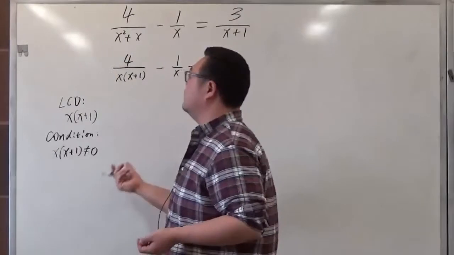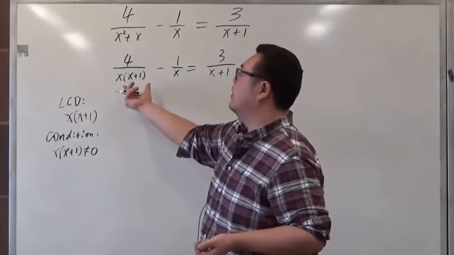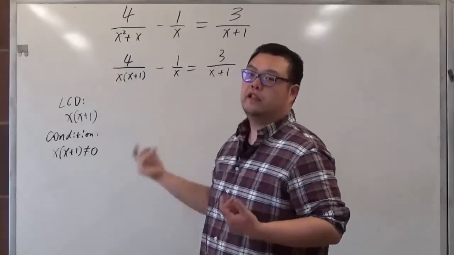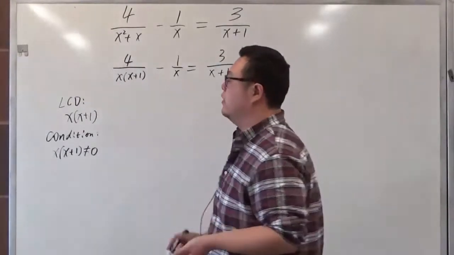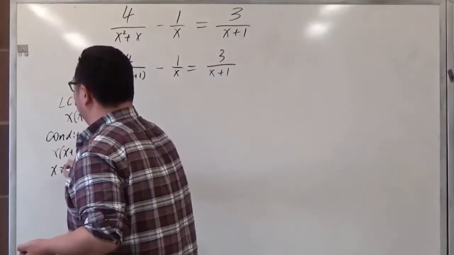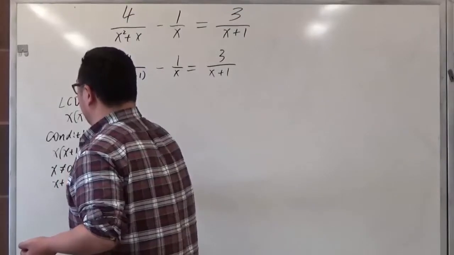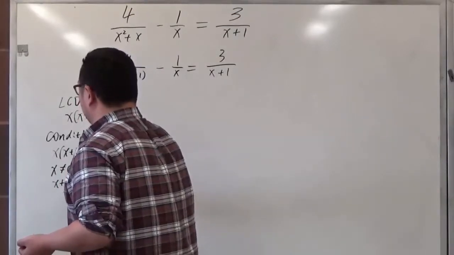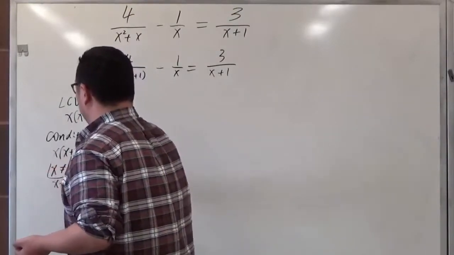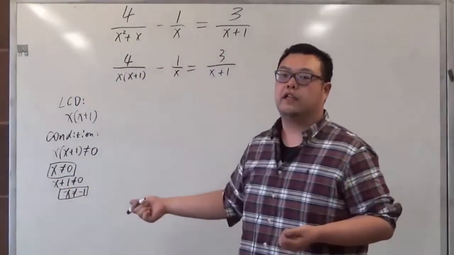If it equals 0, then the equation will be meaningless, because they are in the denominator. The denominator basically cannot be 0. So we assume our x cannot be 0, and x plus 1 cannot be 0, which means x cannot equal -1. So these two are the conditions.